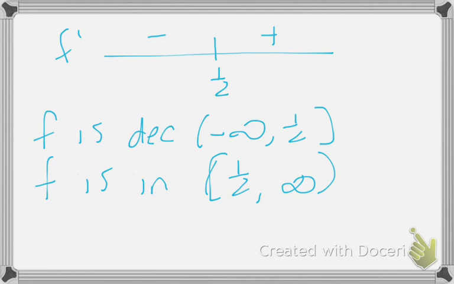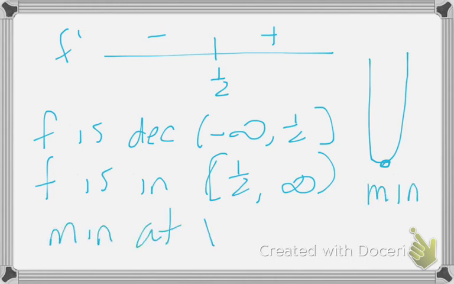Okay, and because it decreased and then it increased, that means there is a min. So we know that there is a min at x equals 1/2.